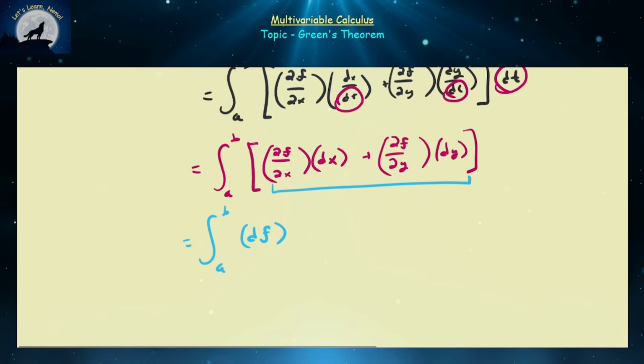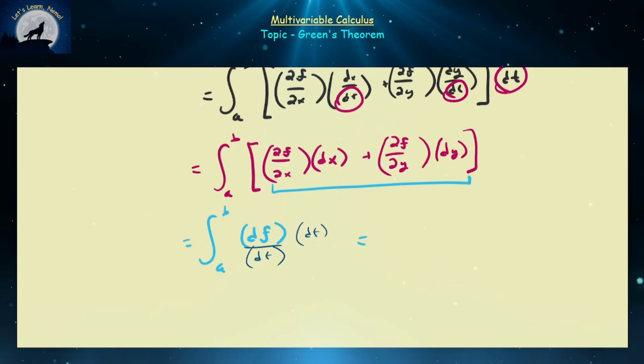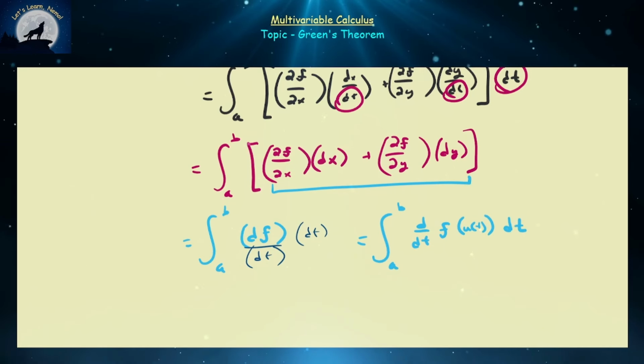So we can write this as the integral from a to b of the total differential of f. And then I can multiply top and bottom of this expression by a total differential of dt. What we have here is that this will be equivalent to the integral from a to b of the derivative with respect to t of f of u of t dt. Let me just put this expression in brackets.